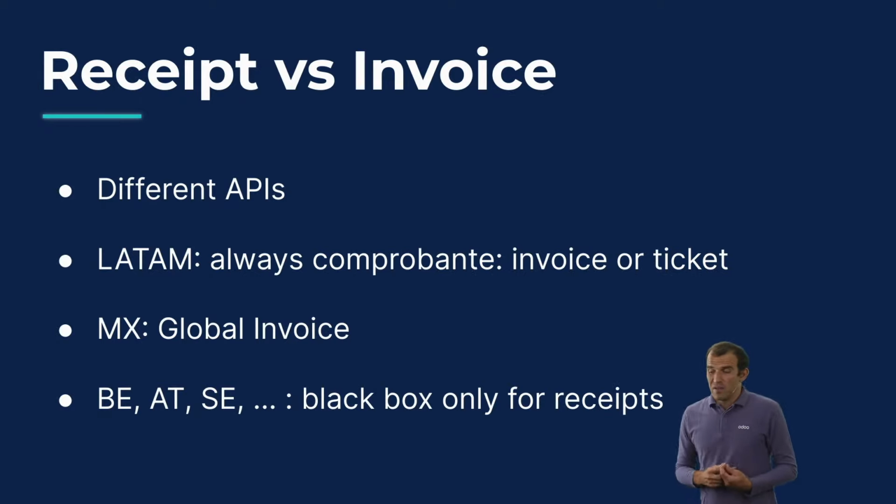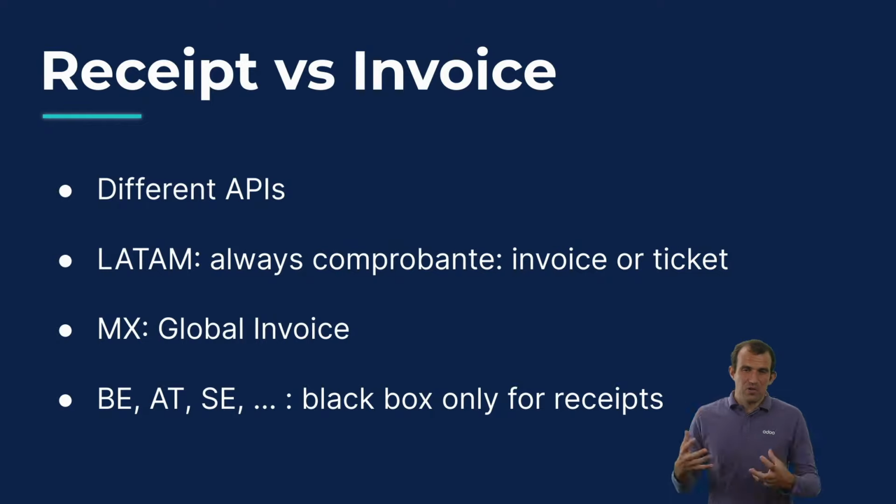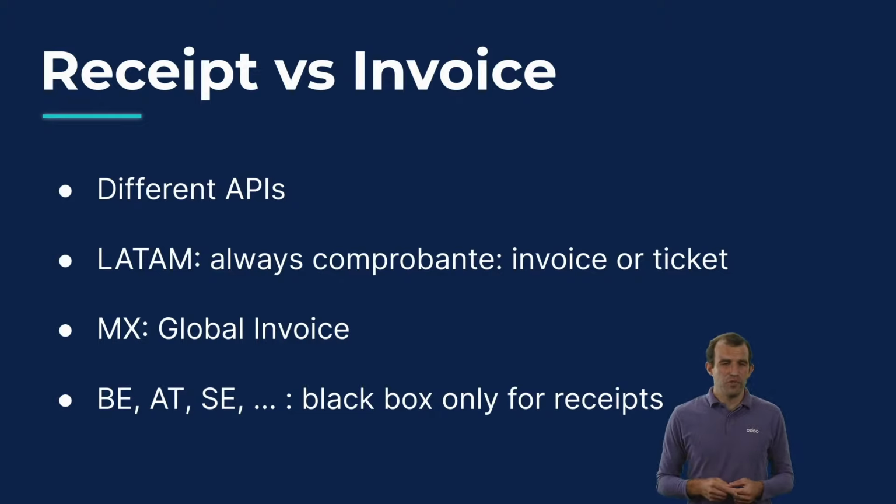Then we don't only use electronic invoices for invoicing. We can also use it for the POS, for receipts. It's also being used for deliveries. But for the POS side, we often see that different APIs are used for the receipt and for the invoice.